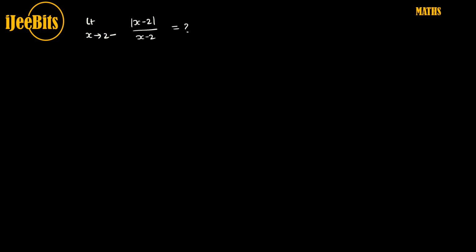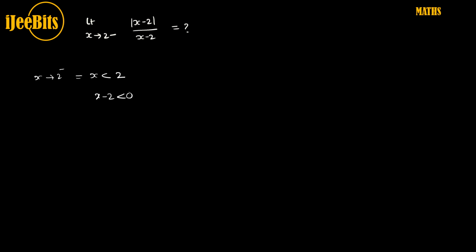Next problem, limit x tends to 2 minus of modulus of x minus 2 by x plus 2. How much is it? This is a little tricky to understand. So modulus of x minus 2, right? When we say x tends to 2 minus, what this means is when x is less than 2, x minus 2 would be less than 0, right?